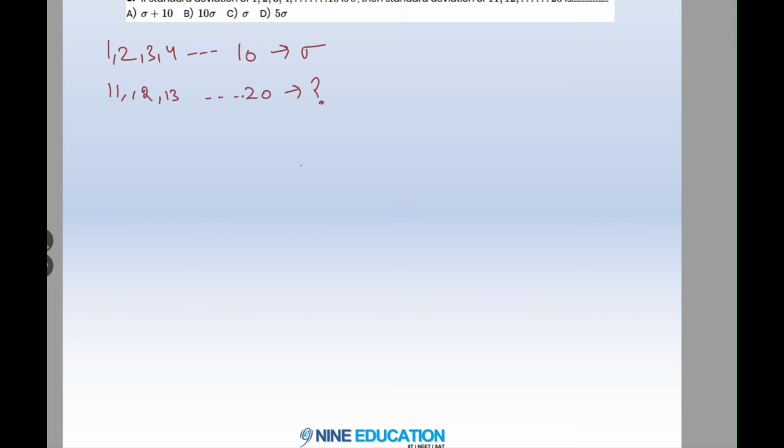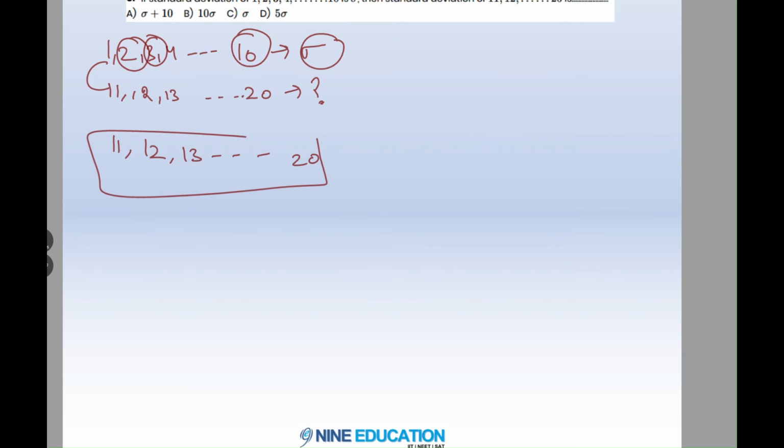What we have done is add a constant to these numbers. You have added 10 to the number 1, that is 11. You have added 10 to the number 2, that is 12. You have added 10 to the number 3, which makes it 13, and so on, up to adding 10 to 10 to get 20. So basically the change between the first progression and the second progression is adding 10.